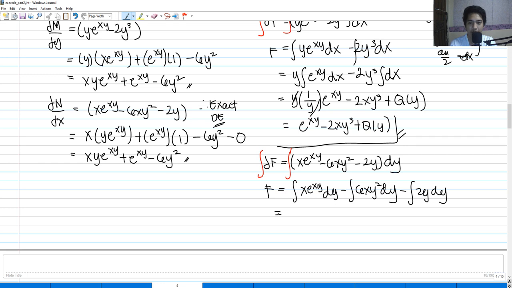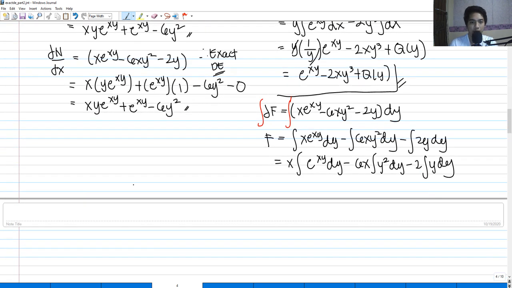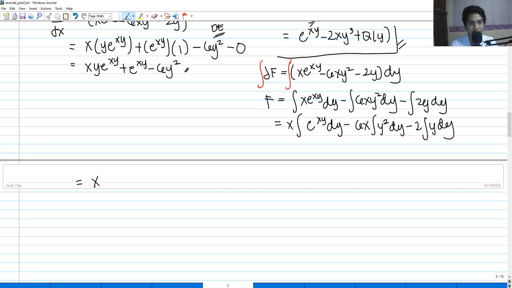So we are integrating with respect to y, so I can factor out x. We have x e raised to xy dy minus 6x integral of y squared dy minus 2 integral of y dy. I continue here. Since we are integrating with respect to y, x is considered as constant.